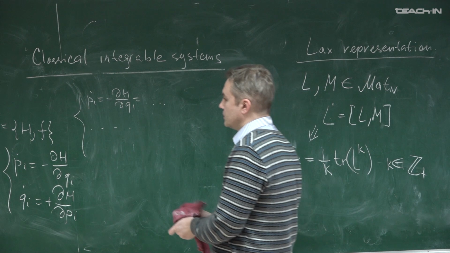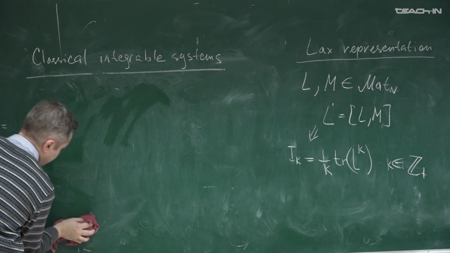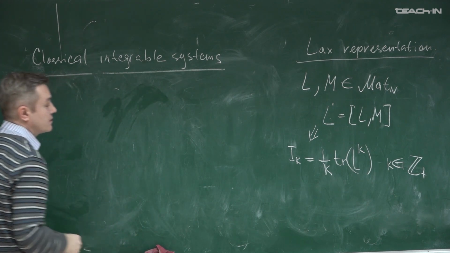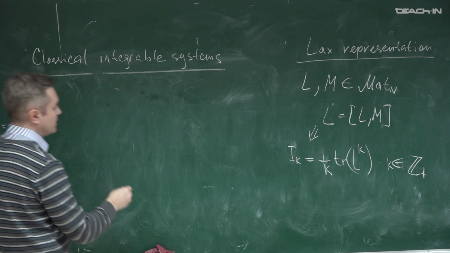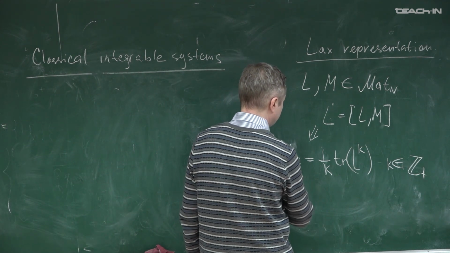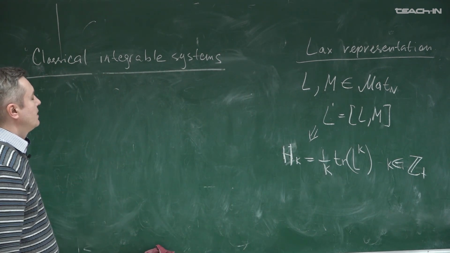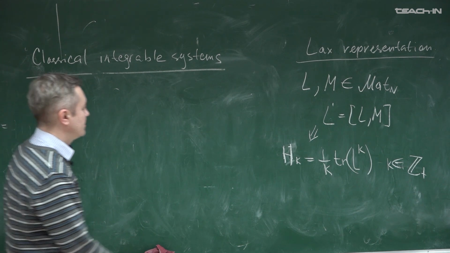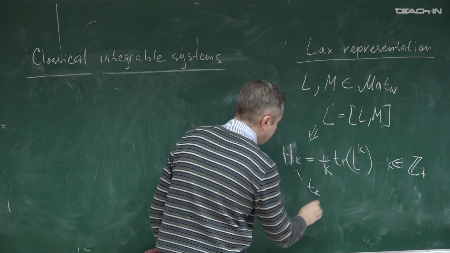And it is easy to see why we have these conserved quantities. It happens for the following reason. Let us call them not I, but H. So these are Hamiltonians, in fact. They generate dynamics, and we call the time variable corresponding to these dynamics T_k.